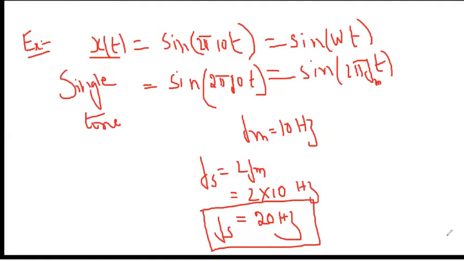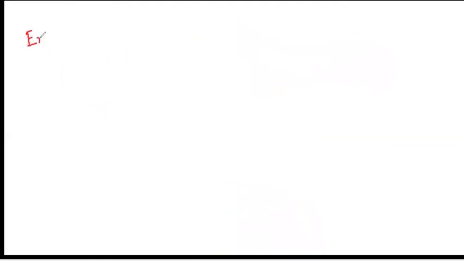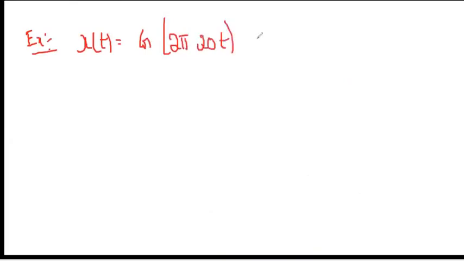Okay, my dear students. Coming to the next example: x of t is equal to cos 2 pi 20 into t minus sine 2 pi into 50 into t.